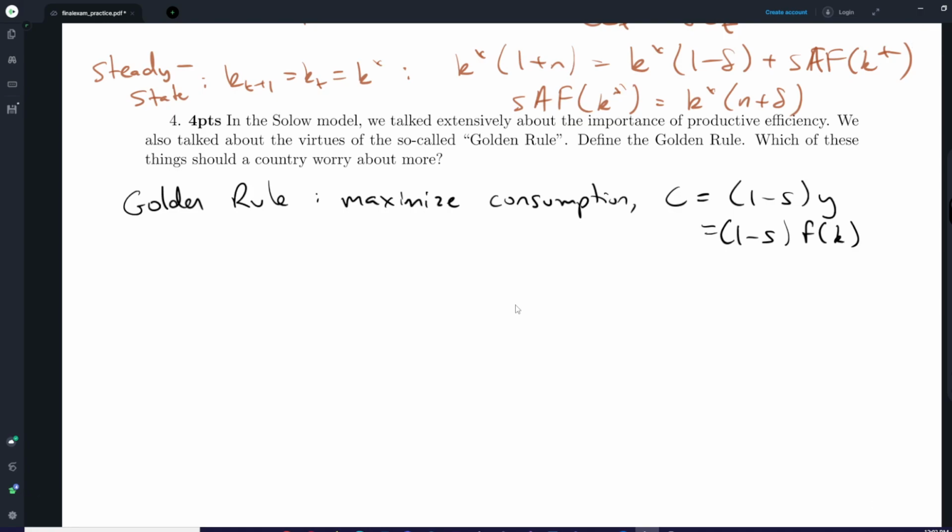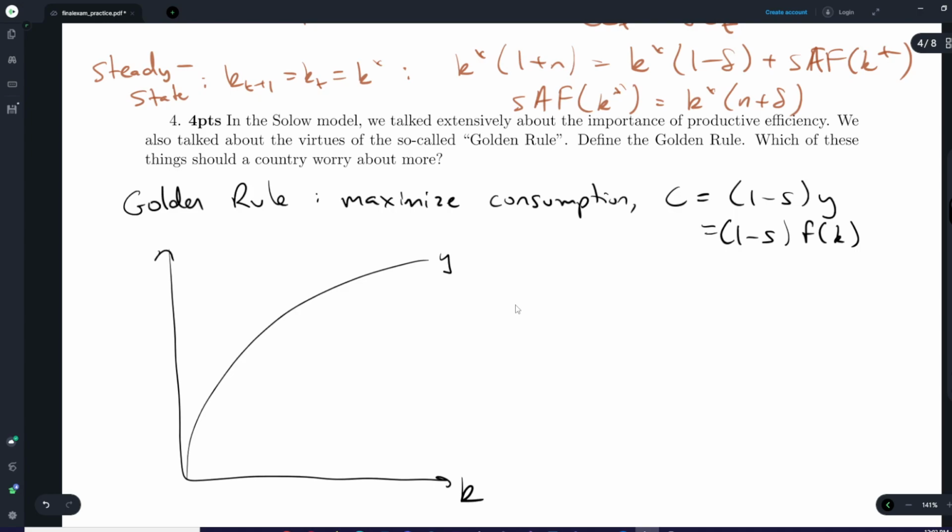There's two parts of maximizing consumption. It's your savings rate and the F(k). Intuitively, if you want to sketch this, if we think about k, well, I can draw Y, I can draw (1 minus s)Y, and I can think about inducing, right, a level, (n plus delta)k.